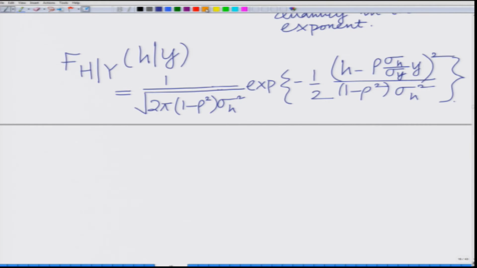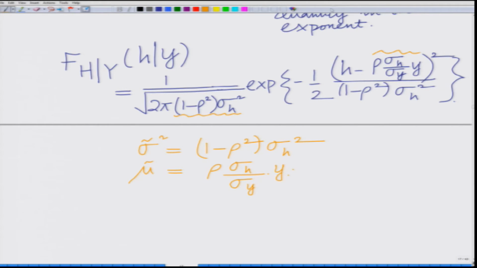Now, what I am going to do is define two new quantities: sigma tilde squared equals (1 minus rho squared) sigma_h squared, and mu tilde equals rho sigma_h by sigma_y times y.